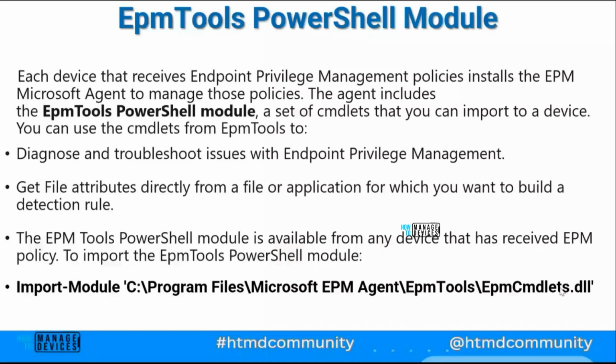To import the EPM Tools PowerShell module, use the basic Import-Module command, and you can find the module under C:\Program Files\Microsoft EPM Agent\EPM Tools, in EPM cmdlet dll. So that's the path to import the EPM module.